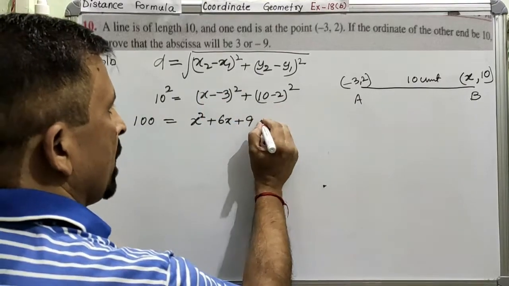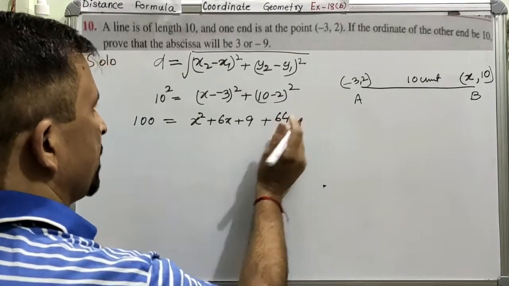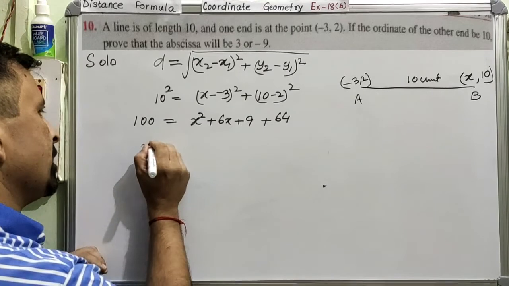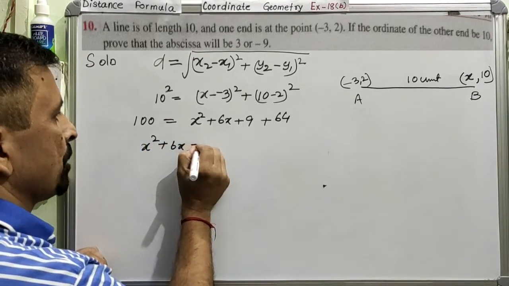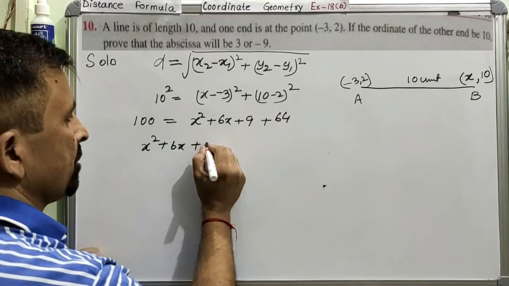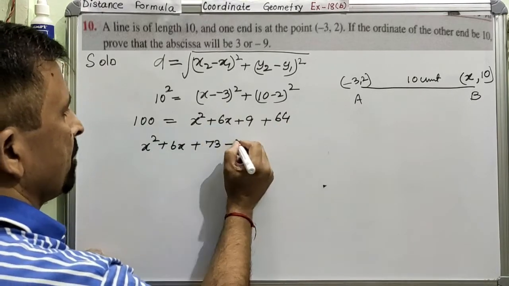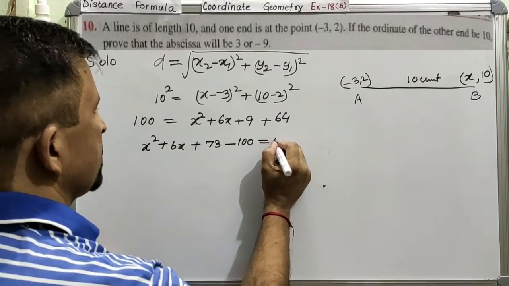Now 10 minus 2 is 8, and 8 square means 64. Let us take this also on the right side. So finally your equation is x square plus 6x plus 73, and minus 100 is equal to 0.